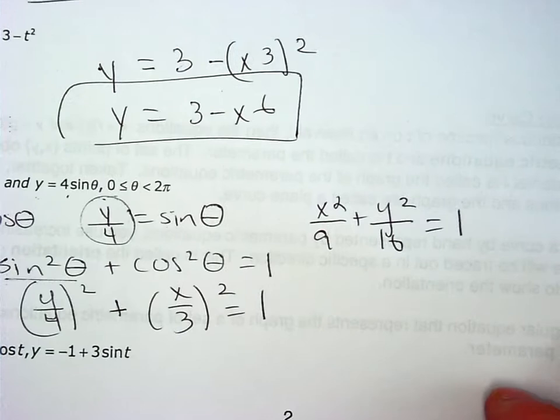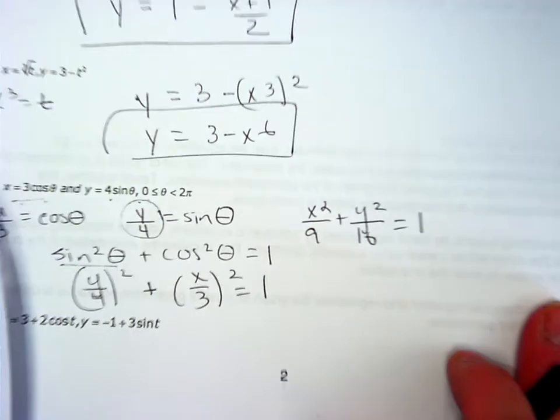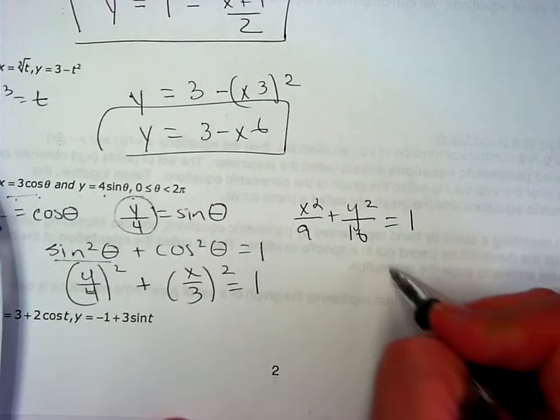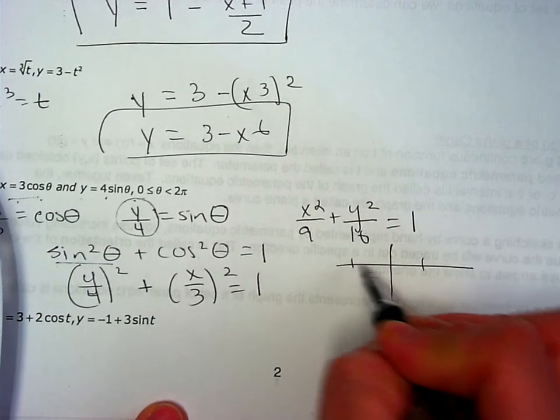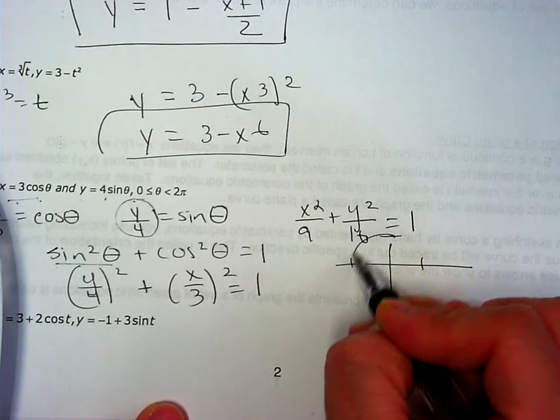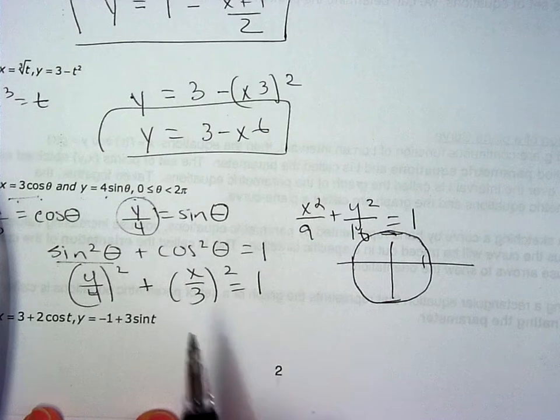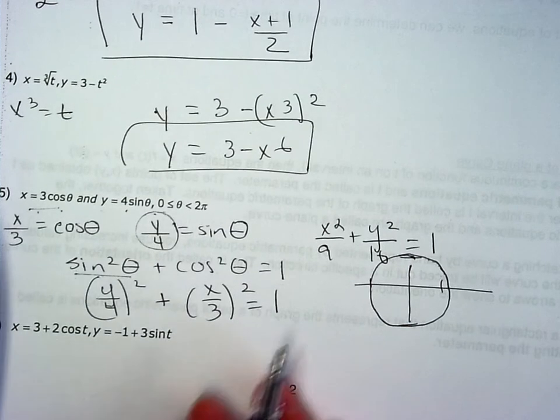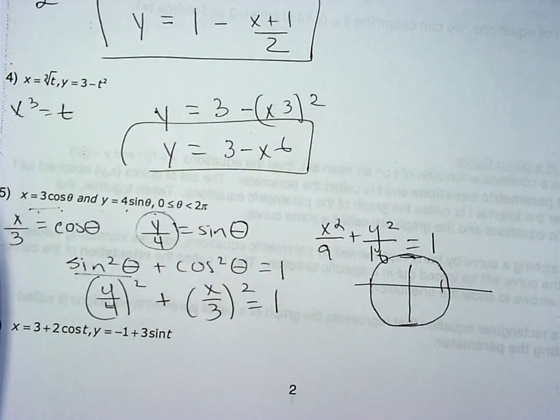Okay? And I know that this is going to be an ellipse. Center at 0, 0, go 3 to the right, up 4, down 4. So this is my ellipse. So there's my graph. And sometimes I will also ask you for the orientation. The orientation is as the third parameter increases, which direction is it moving? So you can do it just in your head.